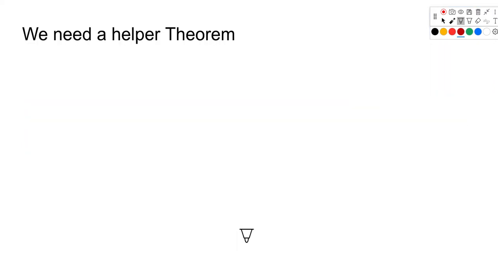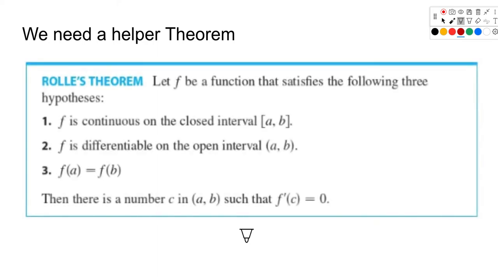So first, before we start talking about the mean value theorem, which again is just saying that you've got two points, you've got an average rate of change connecting those two points, that we're guaranteed to find a point in between on the function that has that same rate of change. So there's going to be some place where the tangent line is parallel to that. But before we get there, we do something called Rolle's theorem, which we actually don't use in the homework.